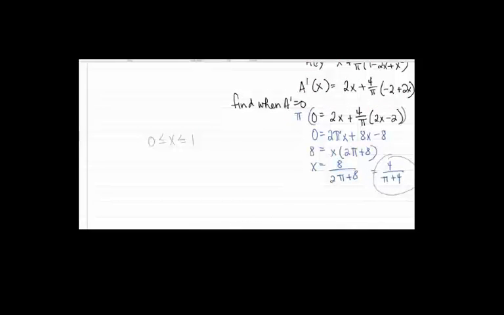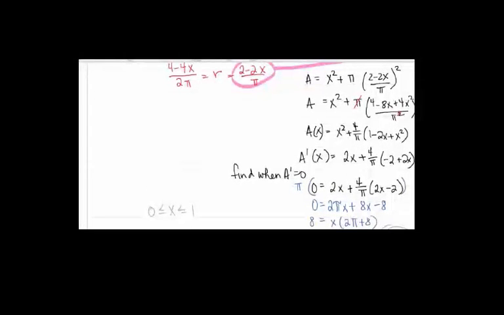I am going to test out what my area is with 0 wire for the square, the area with 4 over pi plus 4 for each side of the square, and the area with 1 for the side length of the square. So we need to plug this into our area formula. And it doesn't really matter which one you use. I'd probably go ahead and use this one over here. And I would plug it into my calculator.